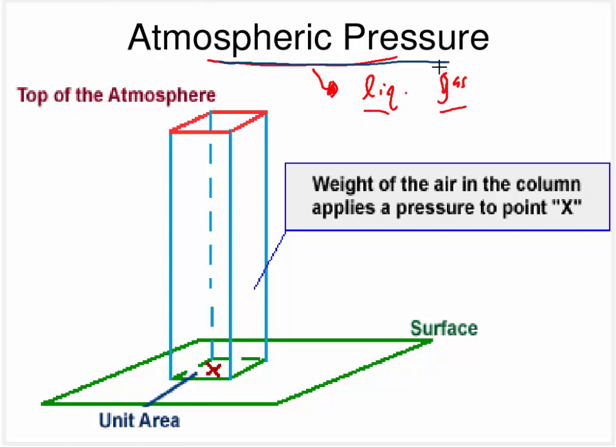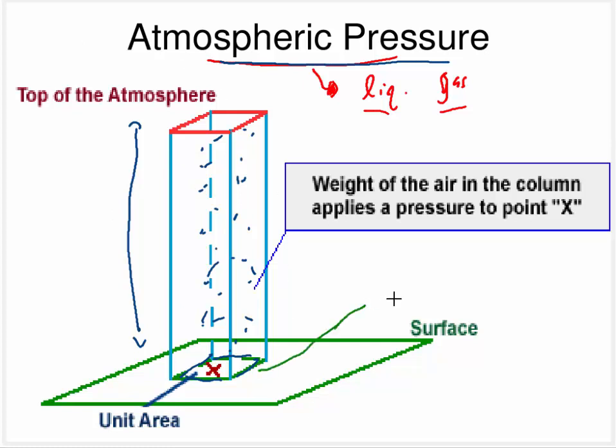Kind of what atmospheric pressure is: if you take some chunk of area right here and say, wow, check this out, I've got all this air above me, right? We calculated the other day that the weight of the air in the room was like 125 pounds. Think about the weight of the atmosphere above you, which extends for thousands and thousands of feet. We have all this weight pressing us down.